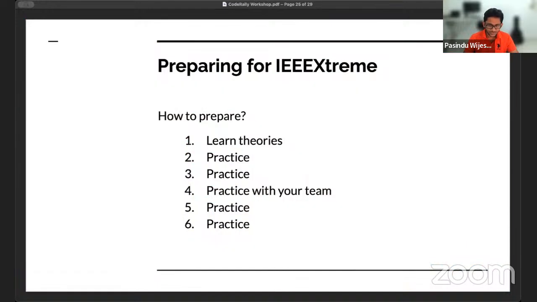Preparing means you need to learn the theory, and it's a whole lot of practice. Up until now, we only discussed the basics of any general competitive programming competition. But IEEE Extreme is a team competition.